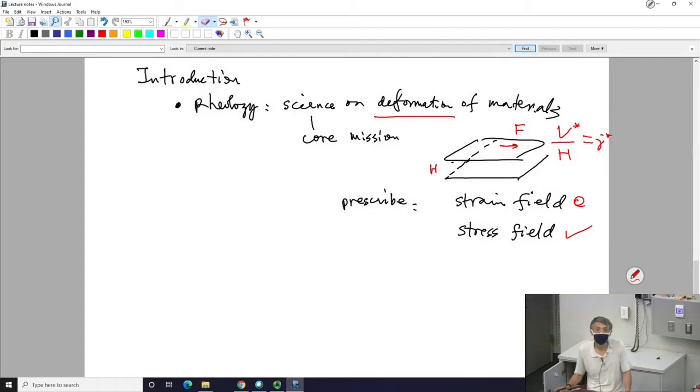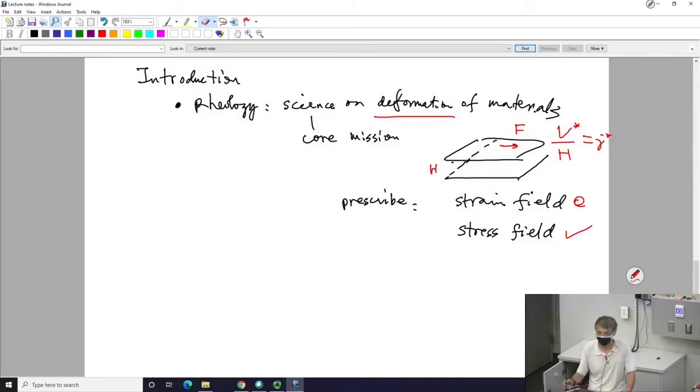It's up to the material. So in that sense, you don't dictate how fast the material shears in a direct way. You only count on whatever the response will be.